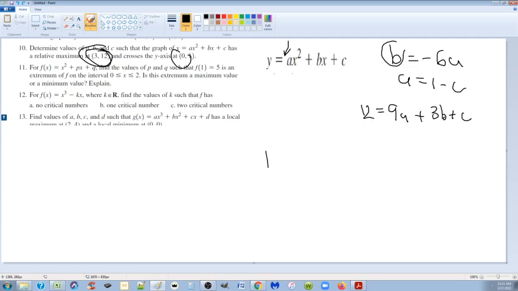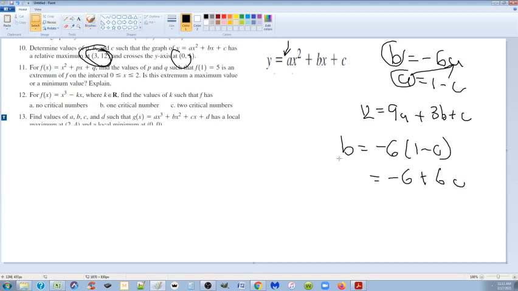So first you're going to solve it by putting a into here, and you get b is equal to 6 minus 6 times 1 minus c, which is minus 6 plus 6c. And now that you have a value for c, for a, and for b, you can substitute it in here, and everything will become c.